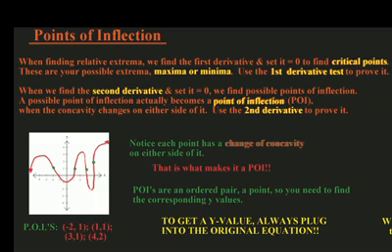We have to put test points on either side of this possible point of inflection into the second derivative. Okay? And once we look at the concavity, the test point will tell us whether it's concave up or down. If it changes concavity on either side, it's a point of inflection.